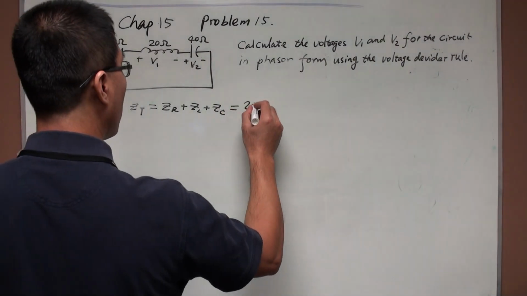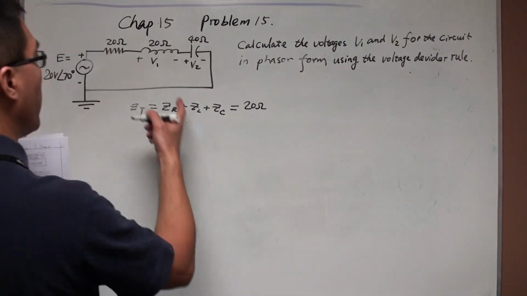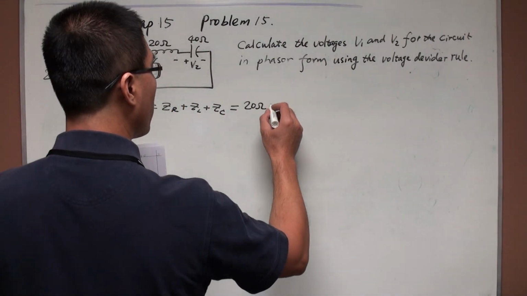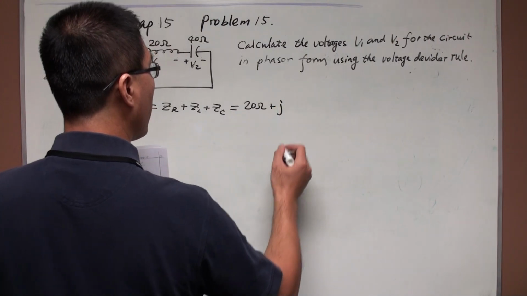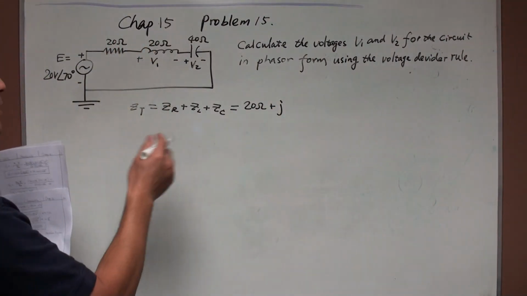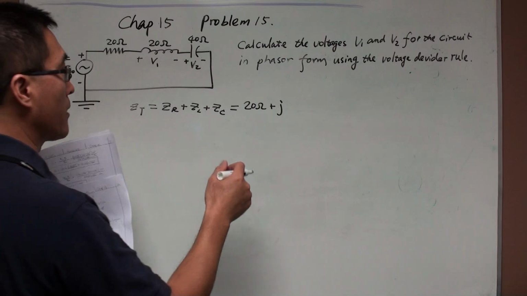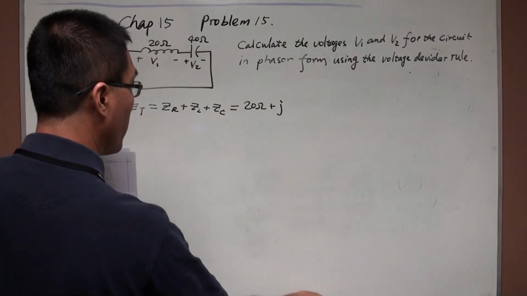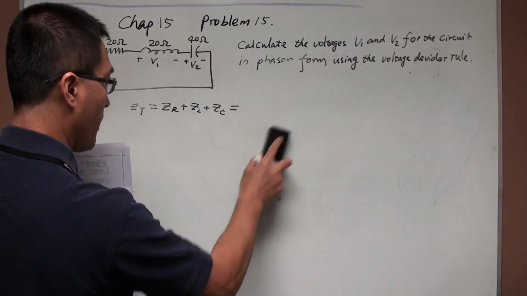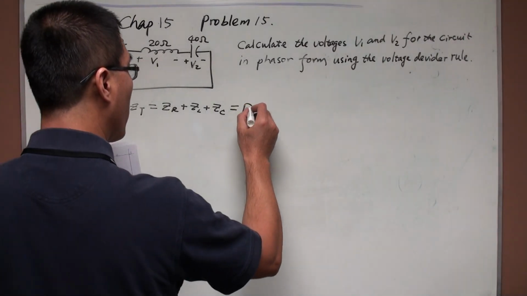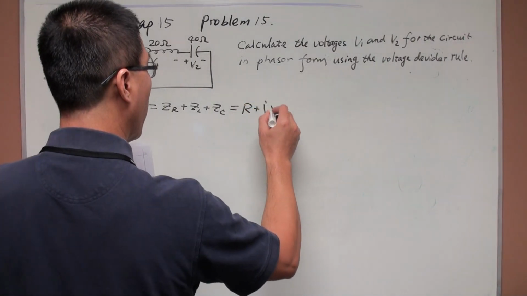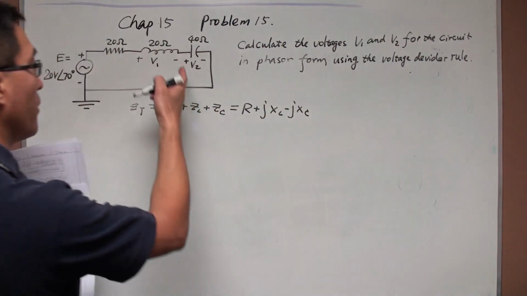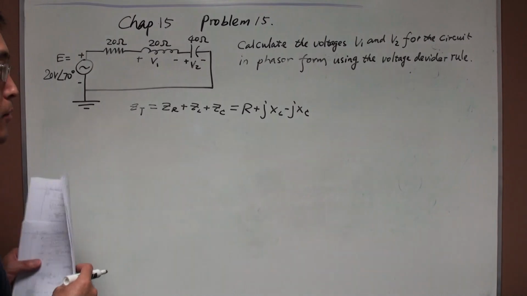So it's 20 ohms. And ZL, L is the inductor. So ZL means you have to use plus J, jXL. XL is 20. So it's R plus jXL minus jXC, because for a capacitor you have to use a negative J.